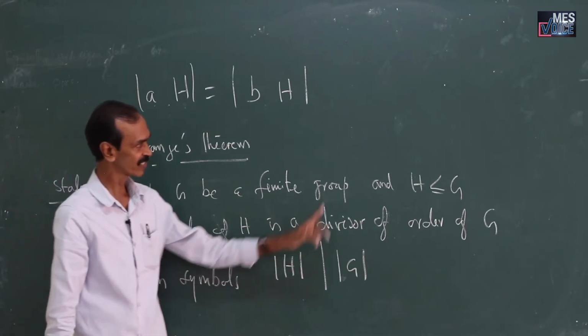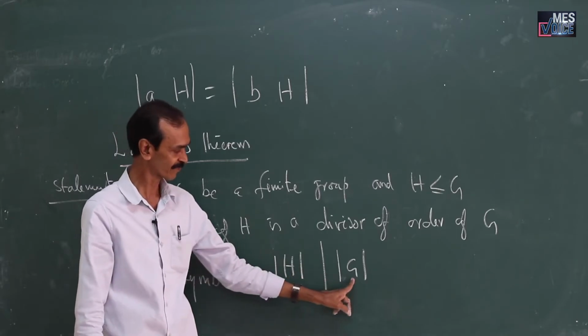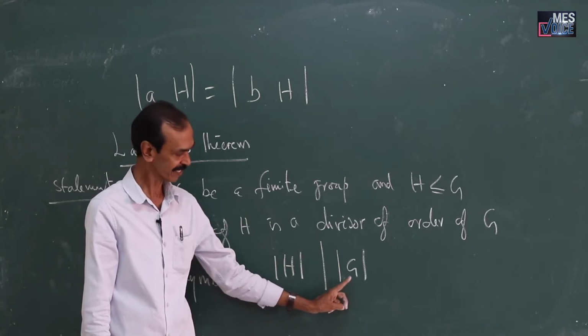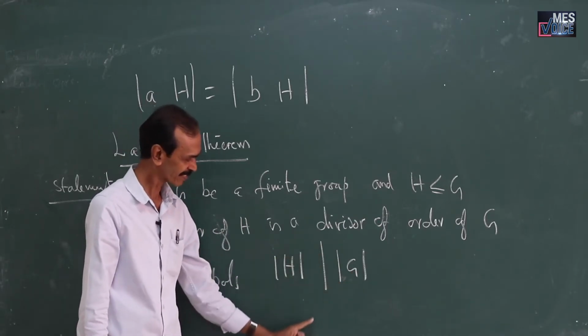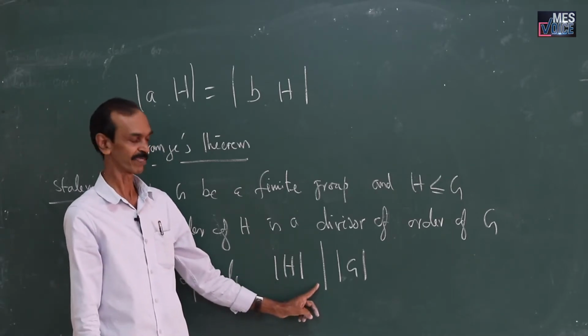Remember, here G is a finite group. So, both the order of H, the cardinality of H, and the cardinality of G are finite quantities, and the cardinality of H must divide the cardinality of G, and divides is a relation. I told you previously, divides is a relation from number theory.